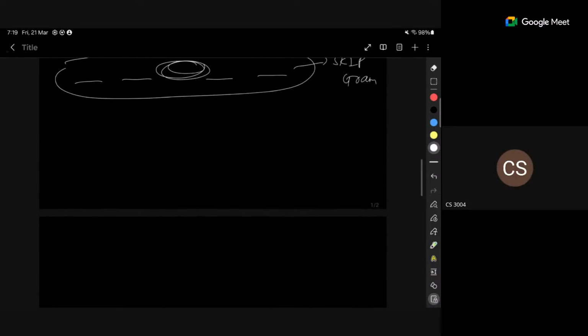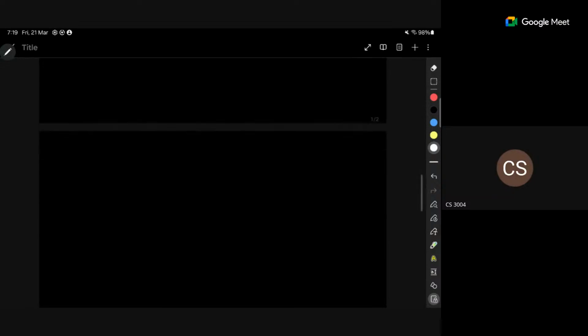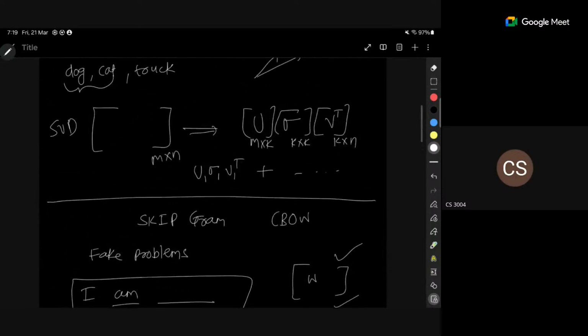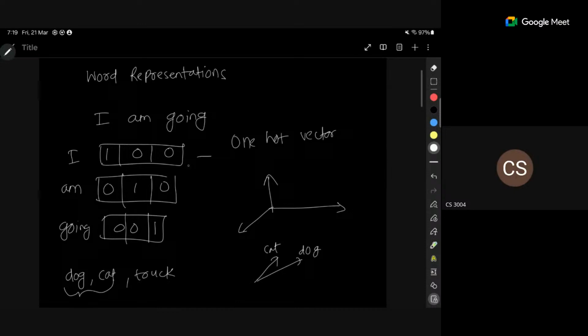So whatever words are given to you, let's say a vocabulary is given to you. What you will do is create the one hot vector of that. One hot vector creation is easy. Whatever words come up, you create one, like we did here, this is a one hot vector representation.